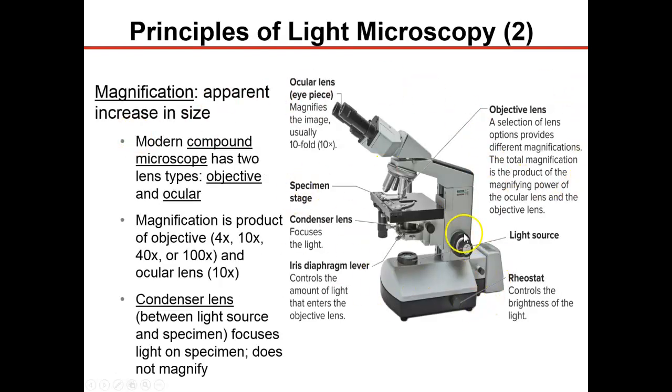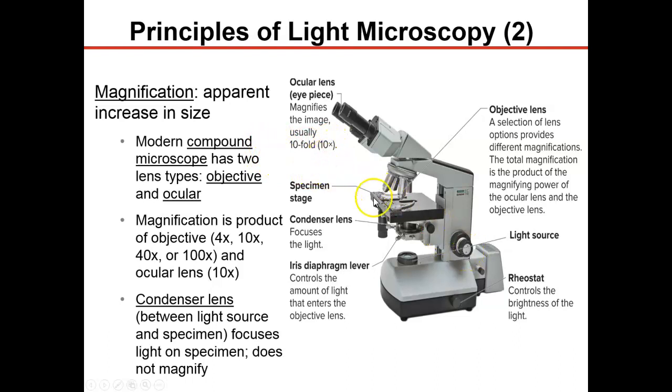So we're talking about magnification. This is a typical compound microscope. This is what we have. We have binocular microscopes, so that means two ocular lenses. Your ocular lenses magnify the image 10 times.